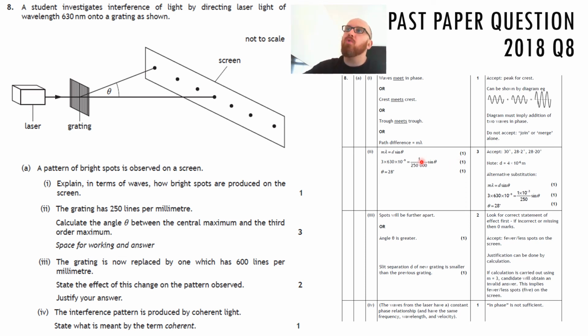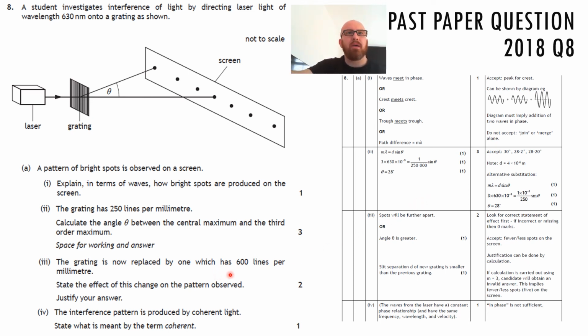So it's 250 lines per millimetre, so d is 1 over 250,000, times sine theta; rearrange for theta, you get 28 degrees, 3 marks for that. You're allowed a wee bit of tolerance with that, and you don't get any extra marks just for the substitution. For this one here, they've done the d value in a slightly different way, but I think 1 over 250,000 is much easier to understand.